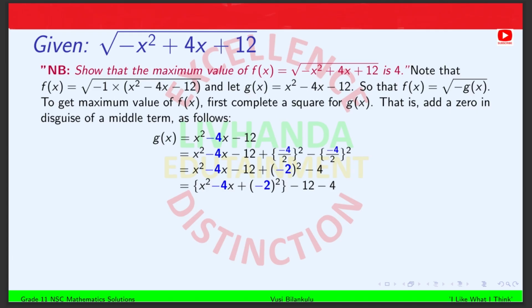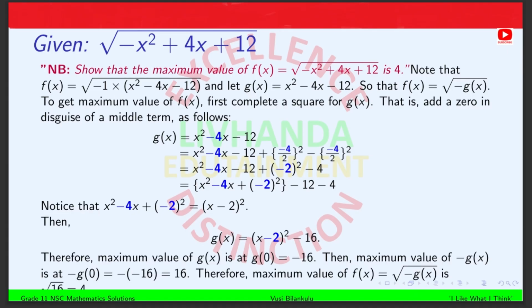From the expression inside curly brackets, notice that x squared minus 4x plus the square of negative 2 equals the square of the difference between x and 2. Also note that the other term of g at x is the constant negative 16. This is also its maximum value. It follows that the maximum value of f at x is at the square root of 16, that is, at 4.